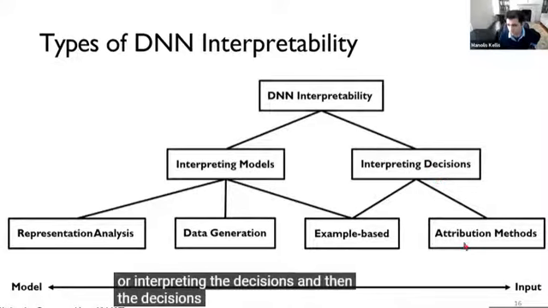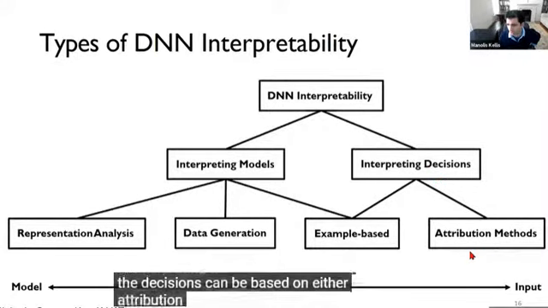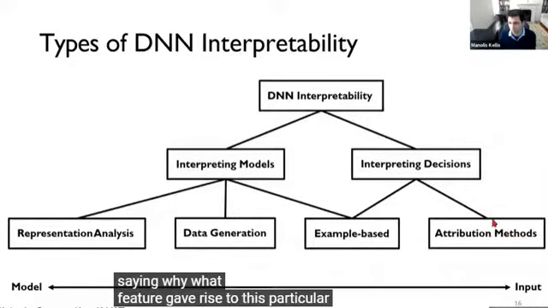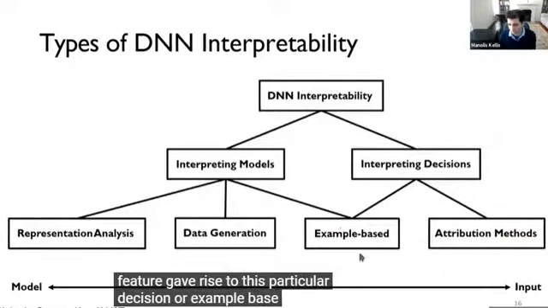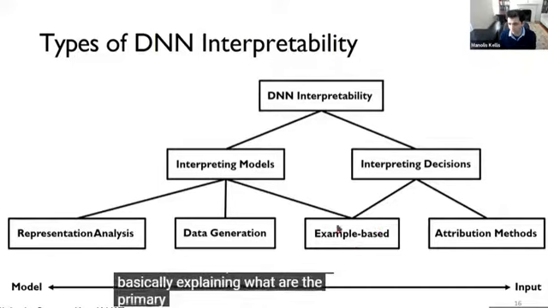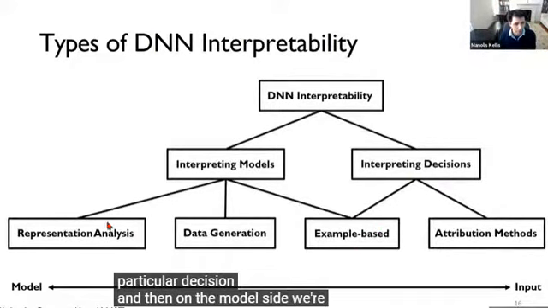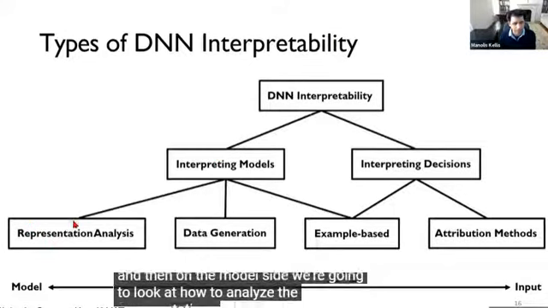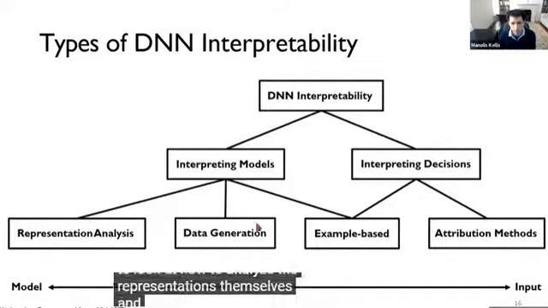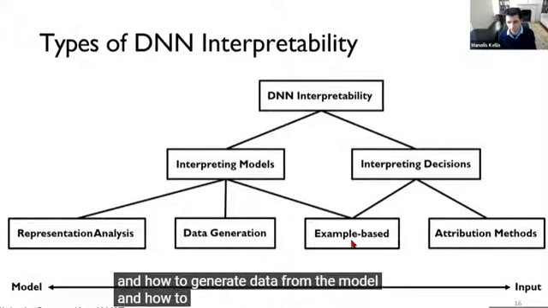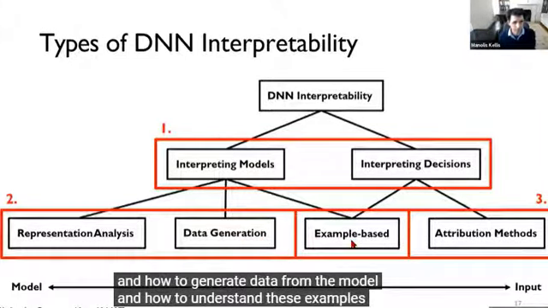The decisions can be based on either attribution methods, which say what feature gave rise to this particular decision, or example-based methods, which explain what primary examples led to a particular decision. And on the model side, we're going to look at how to analyze the representations themselves, how to generate data from the model, and how to understand these examples.